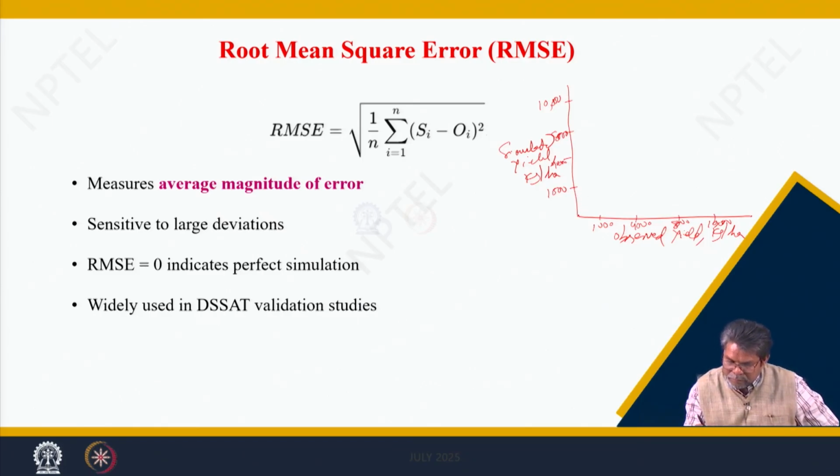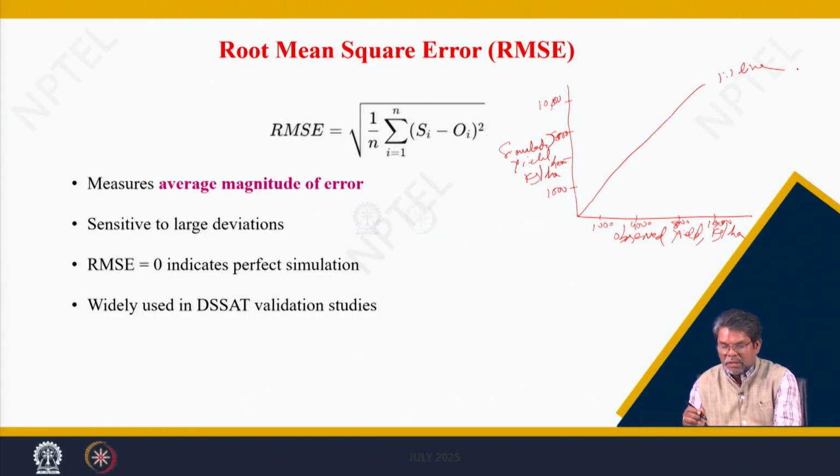If the observed value is the same as the simulated value, all the points will fall on the 1:1 line. But this does not happen in experiments. The observed value from the experiment will not remain exactly the same as the simulated value. The values may disperse around this 1:1 line.